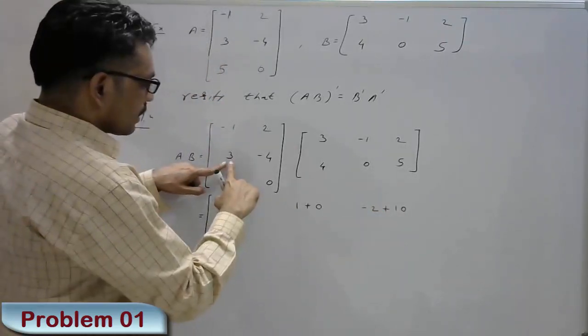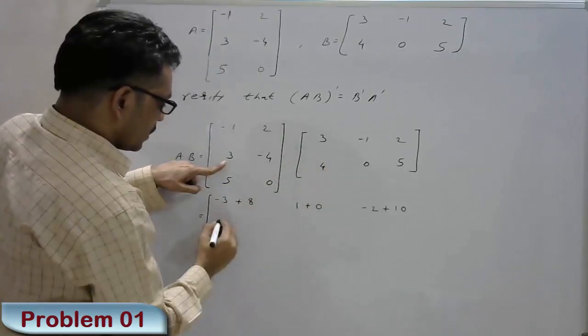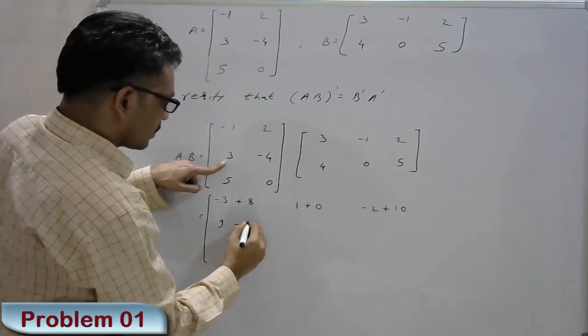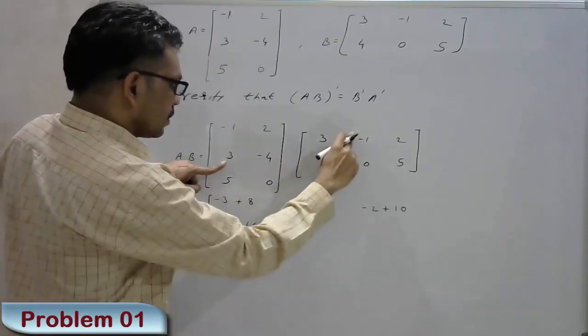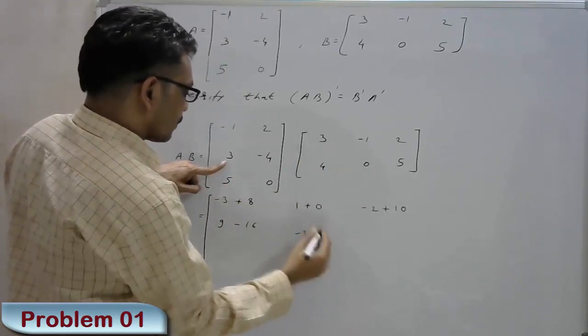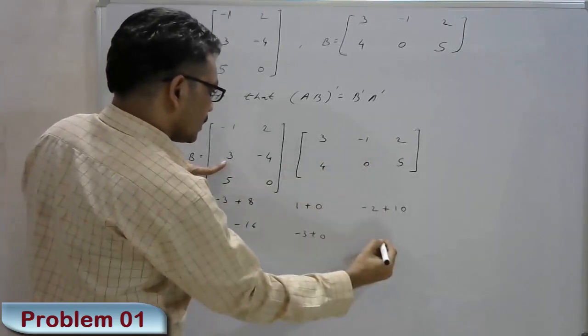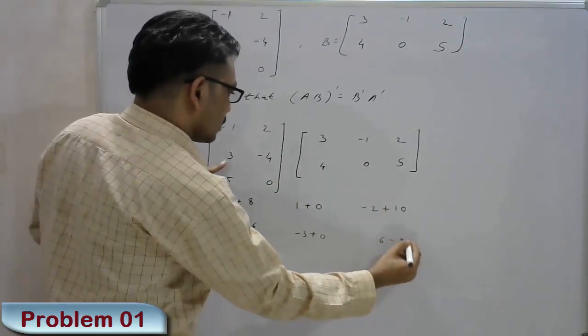Now multiply the second row by the first column. Then this one is 3 into 3, 9, minus 16. Now multiply the second row by the second column. This one is -3 plus 0. Multiply the second row, third column. Then this one is 6 minus 20.